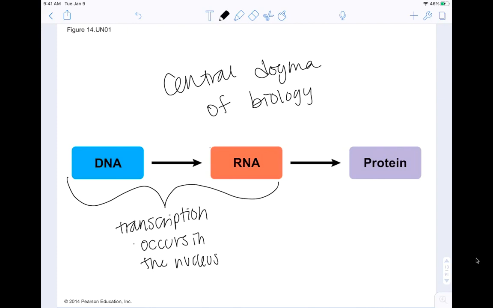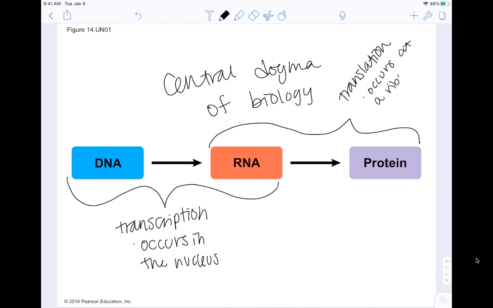And then on the other side, RNA to protein, this is a process called translation. And this, of course, occurs at a ribosome. And that can be a free or a bound ribosome, just depending on which particular protein is being created.